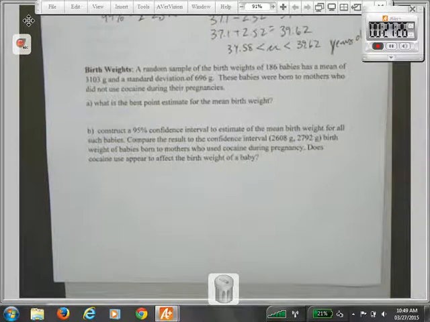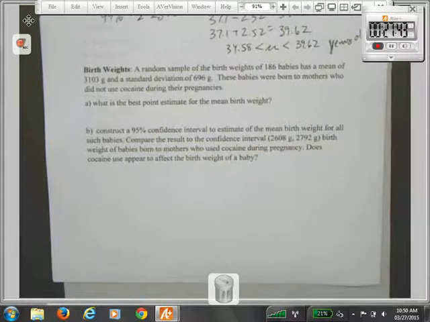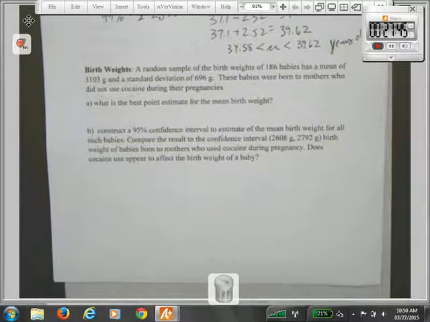And I'll be honest, I don't know what that is in pounds and ounces. And a standard deviation of 696 grams. These babies were born to mothers who did not use cocaine during their pregnancies. Well, that's a plus for those babies, absolutely.